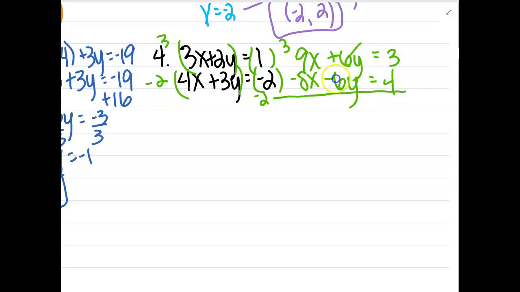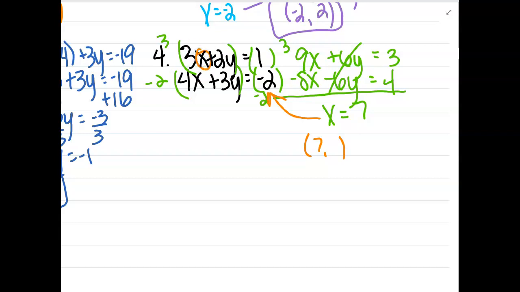Then I can add because my y's are going to cancel out. 9x and a negative 8x gives me x, 3 and 4 gives me 7. And this one's nice because it's already solved for me. So it's going to be 7 comma something. Take that and plug it into the first equation.